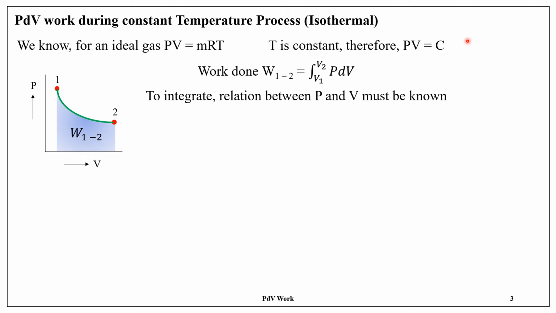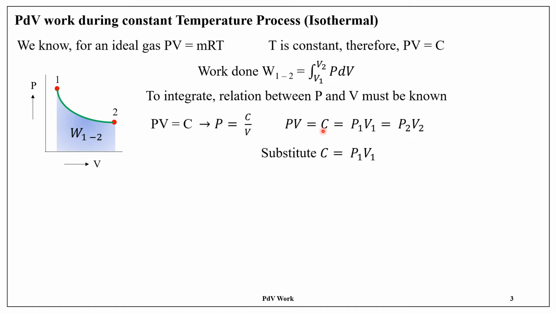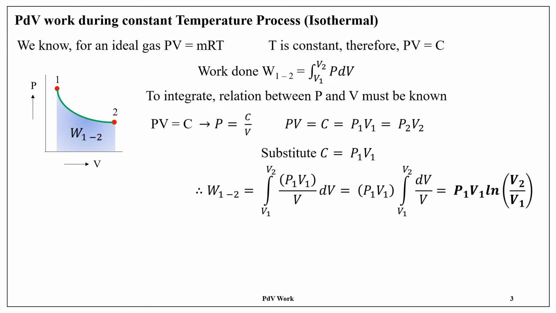We know PV equal to constant, that implies P is equal to C by V, and this PV equal to constant can also be written like this: P1 V1 is equal to P2 V2, and from this we can substitute C equal to P1 V1. Therefore, instead of P, we can substitute P1 V1 divided by V. That's what is being given here.